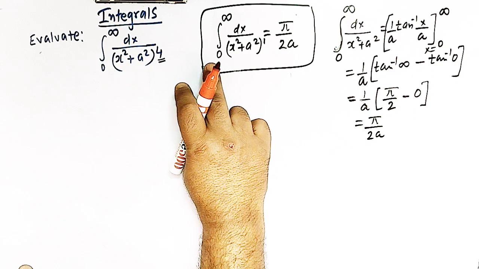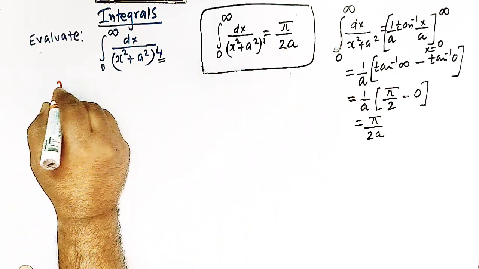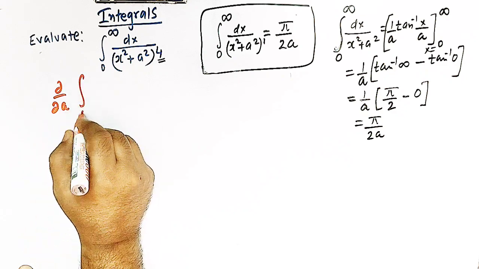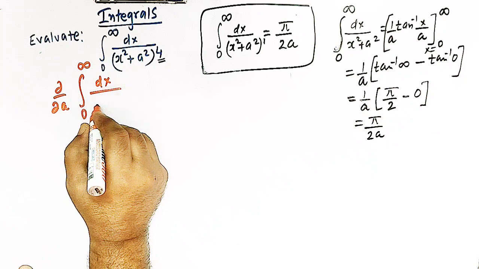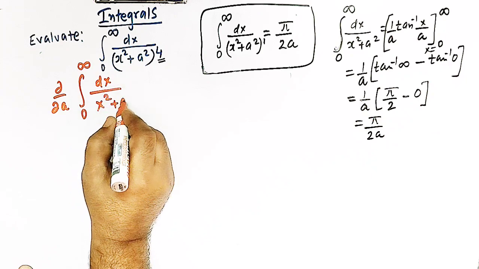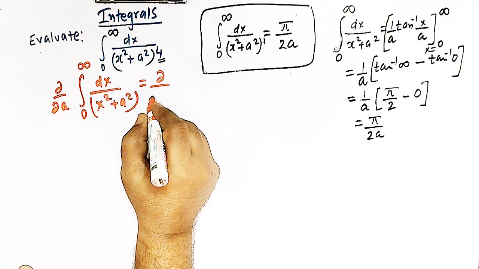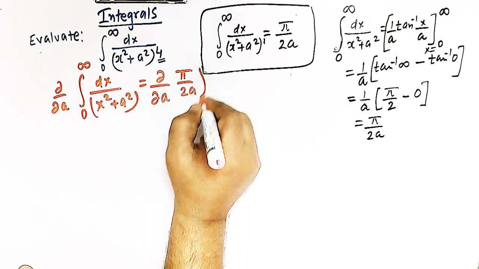So now let us differentiate both sides with respect to a. Here we'll write del over del a of the integral from 0 to infinity of dx over x square plus a square, and on the right del over del a of pi over 2a, right?